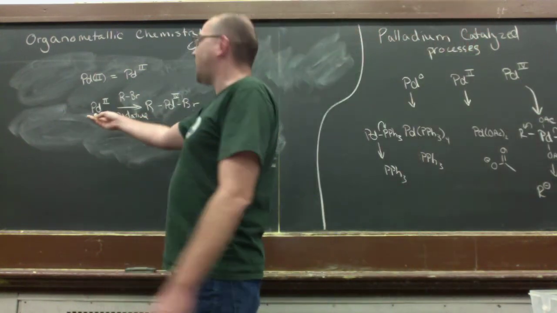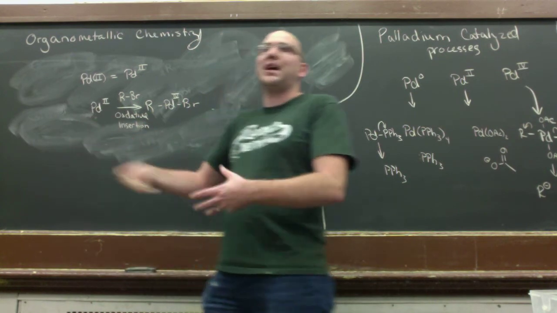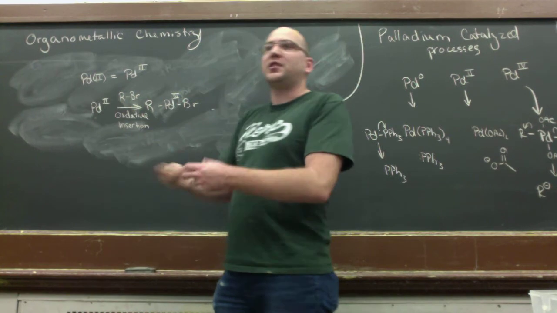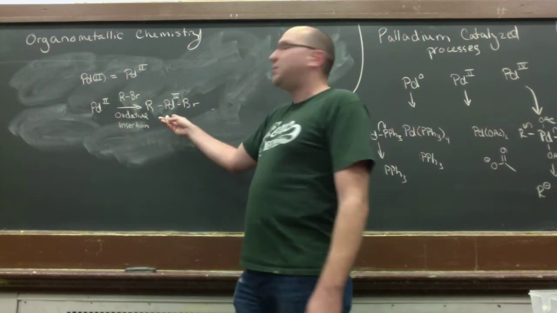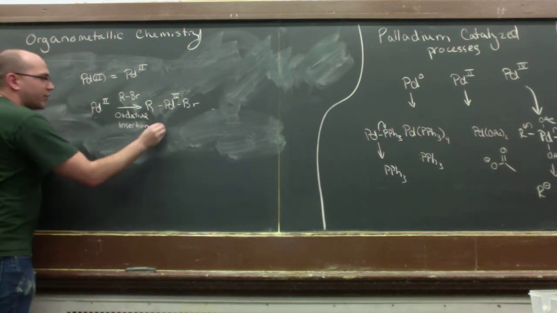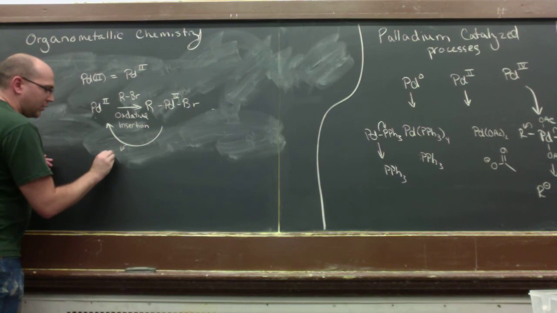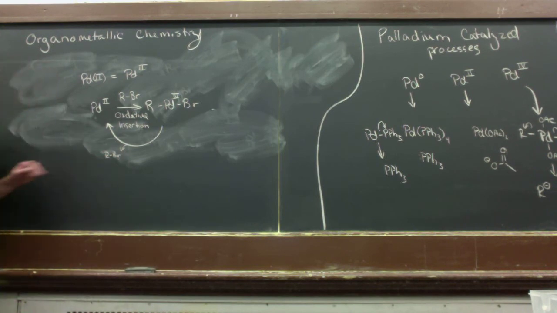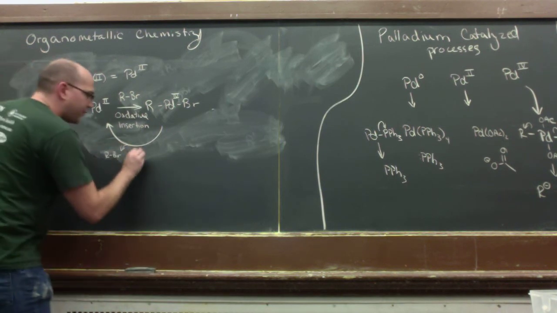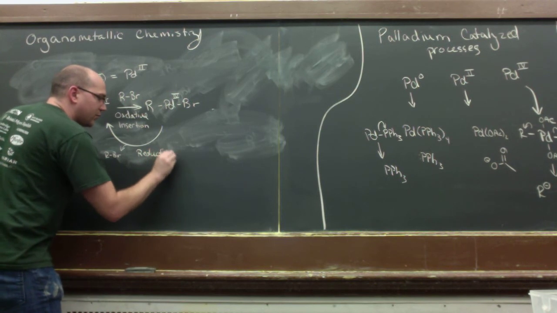So in this case it's an oxidative insertion because the palladium is becoming oxidized through the process. It's losing 2 electrons to become a palladium-4 species. Likewise, the reverse process, where you would suddenly lose RBr, that's not oxidative, so it's reductive. The reverse process is what we call reductive elimination.